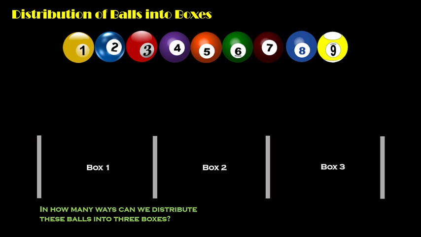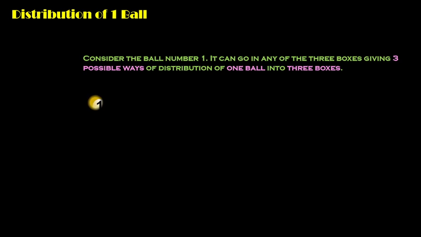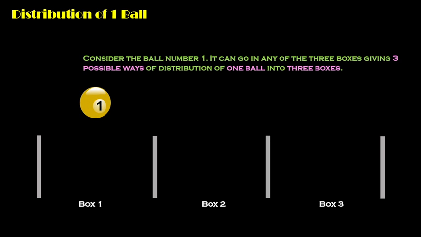Instead of considering all the balls together, we start with one ball. We start our distribution with one ball and then take other balls one at a time, and accomplish the distribution of all 9 balls into 3 boxes. So we consider one ball first. Let's take ball number 1. It can go in any of the 3 boxes with equal probability. It may go in box 1 or box 2 or box 3.